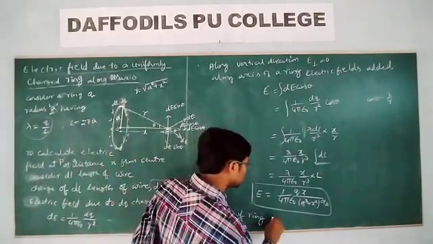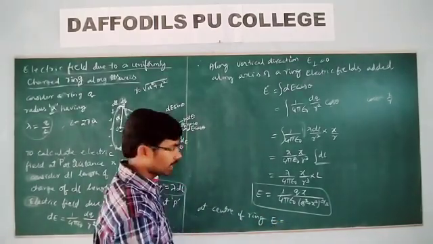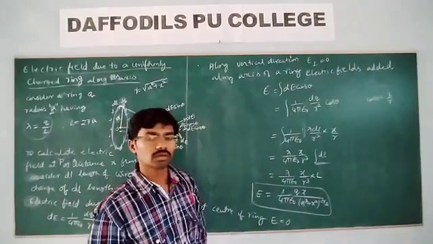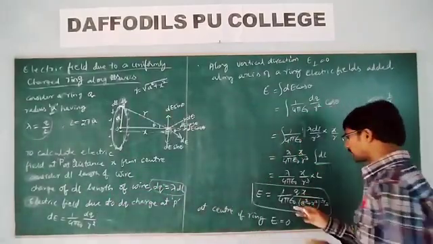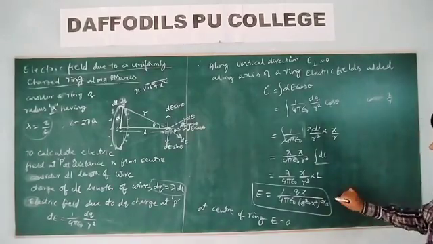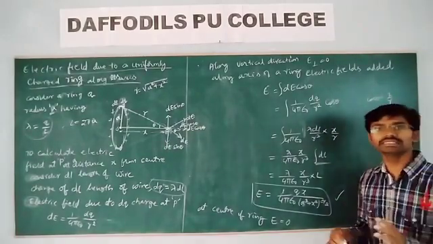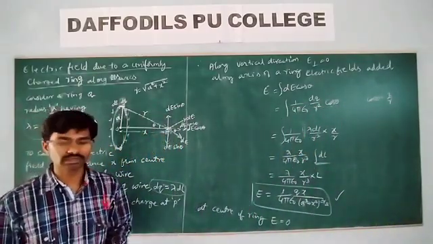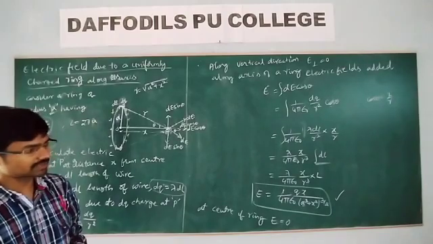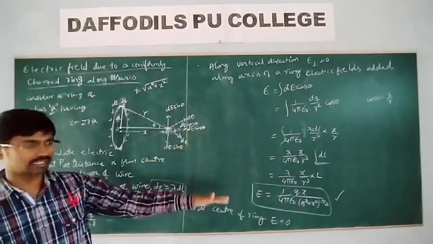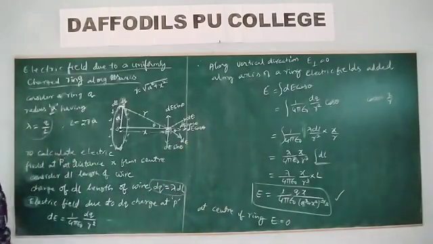At the center of the ring, E is equal to 0. But thereafter, as the x value increases, the electric field also changes. So this is the electric field due to a ring on its axis: E is equal to 1 by 4 pi epsilon naught, Q x by (a square plus x square) whole power 3 by 2. Here a is the radius, x is the distance from the center of the ring, and Q is the charge on that ring. Is it?